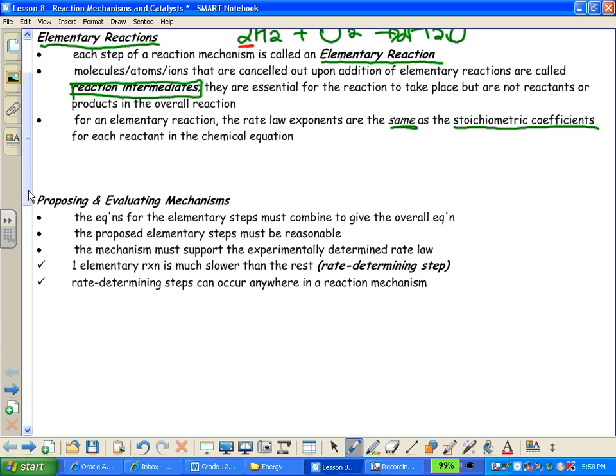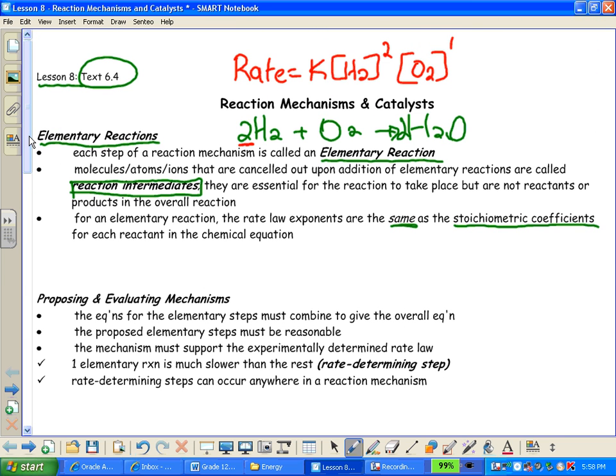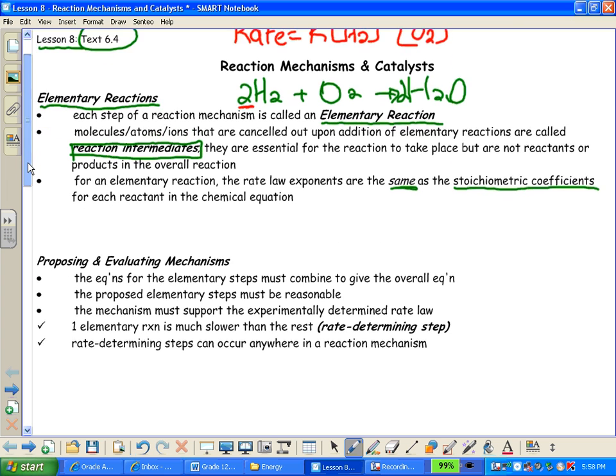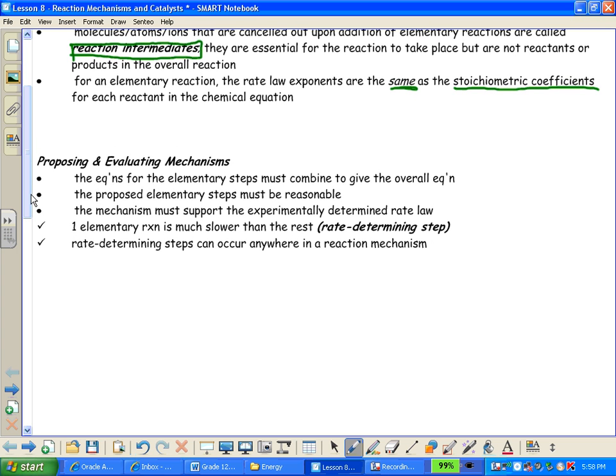The mechanism must support the experiments to determine the rate law. So when we look at elementary rate laws, we have to make sure that it matches the experimental rate law, the one that we had found the other day with m and n. They have to match up, otherwise it's not a reasonable mechanism. It will make more sense when we do some examples together.